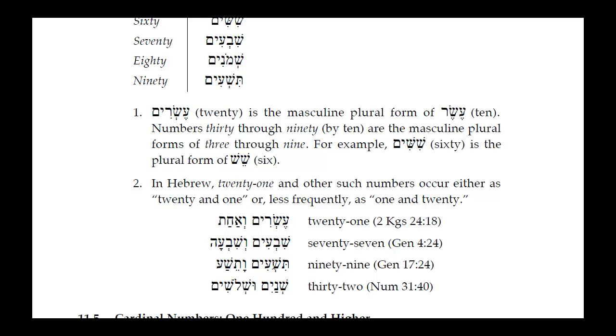Tish'im ve'tesha, 90 and 9. Shanaim u'sheloshim, literally 2 and 30, so 32, for numbers 31 through 40.